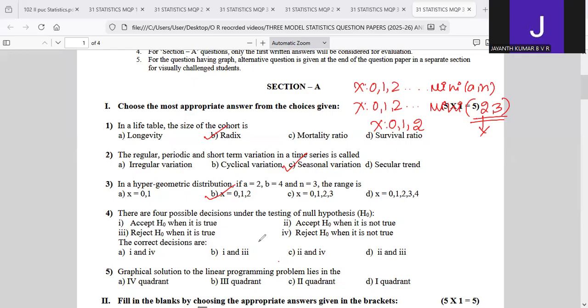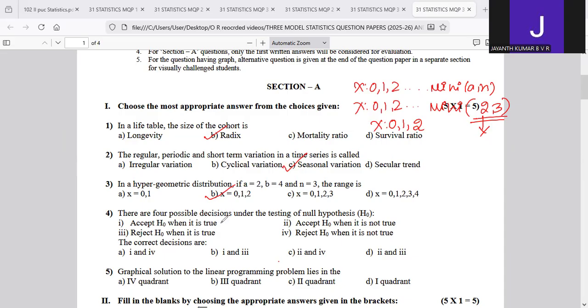The correct decisions are: accept H naught when it is true, and reject H naught when it is not true.